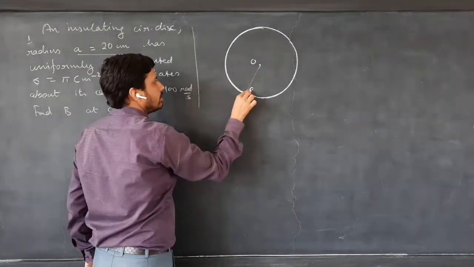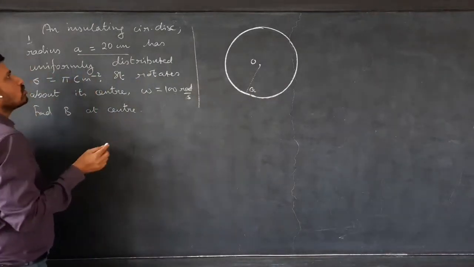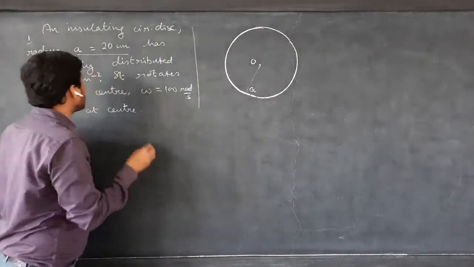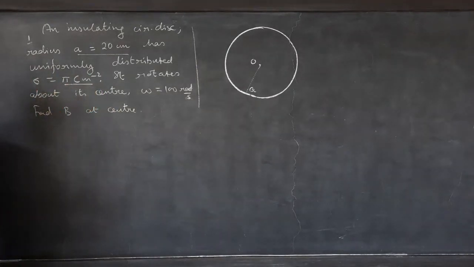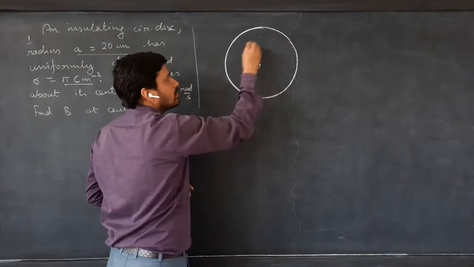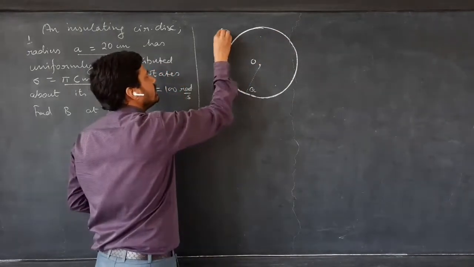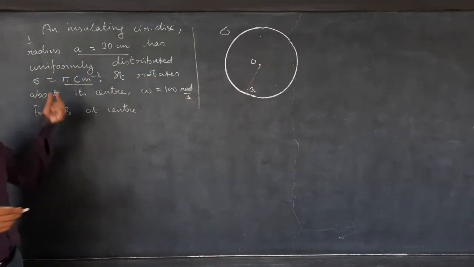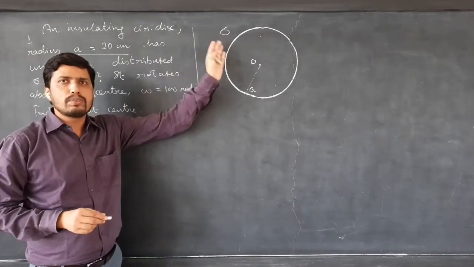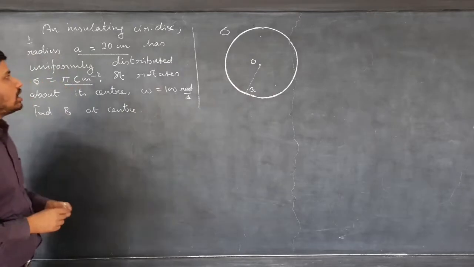So this is A. That is 0.2 meter. It has uniformly distributed surface charge density of pi coulomb per meter square. On its entire surface, there is some charge distribution, and that is sigma, that is equal to pi coulomb per meter square. Sigma, you should understand, students, it is charge per unit area.